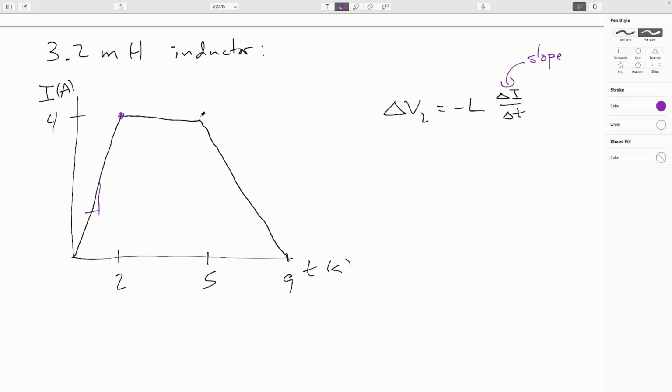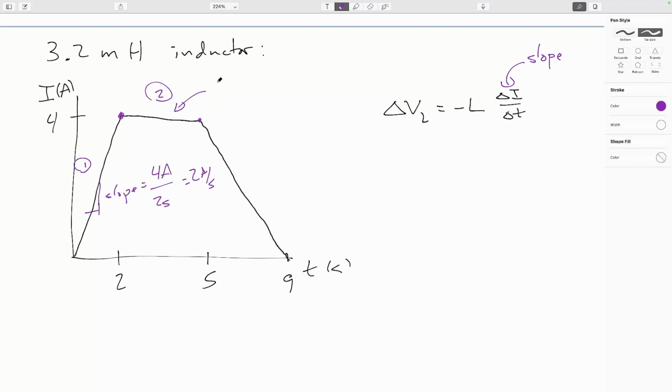In segment number 1, the slope, well, we've got a rise of 4 amps and a run of 2 seconds, for a 2 amp per second slope. Here in segment 2, it's a flat line.